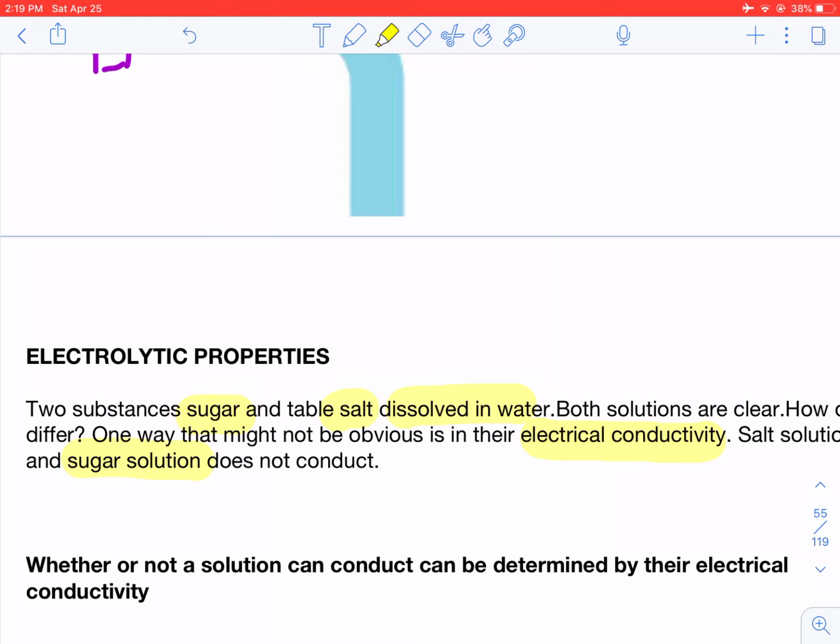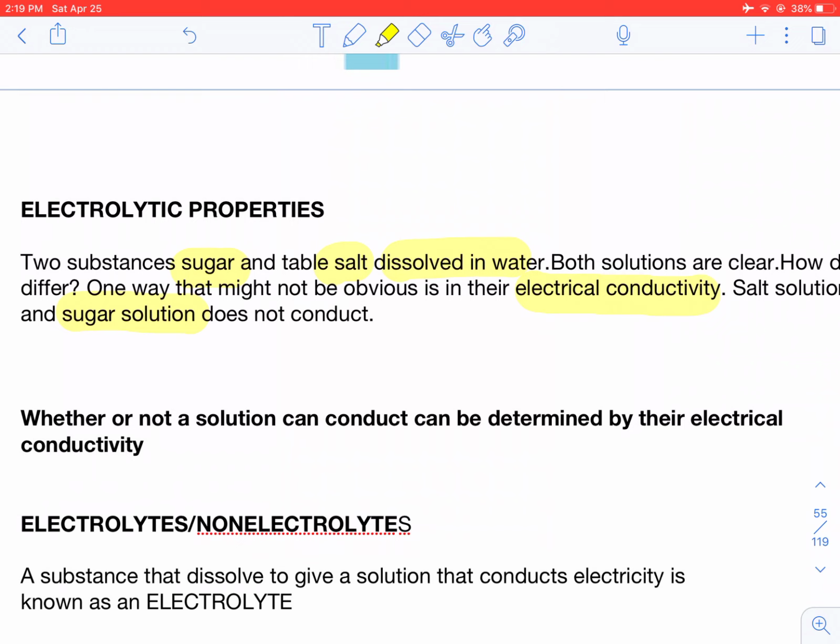So immediately we ask, why does salt solution conduct electricity but sugar solution doesn't? Again, to get the answer, we need to zoom into the microscopic domain in order to interpret what happens at the macro domain. Whether or not a solution can conduct can be determined by the electrical conductivity.